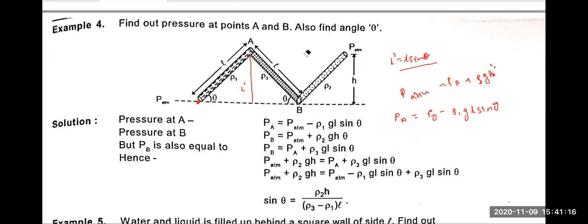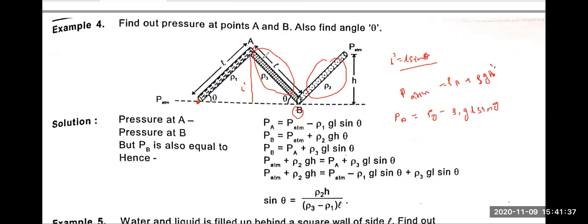And in the same way, you can find the pressure on B. When we talk about pressure on B, because of this it will have some pressure, and because of this also it will have some pressure, and both the pressures should be equal.